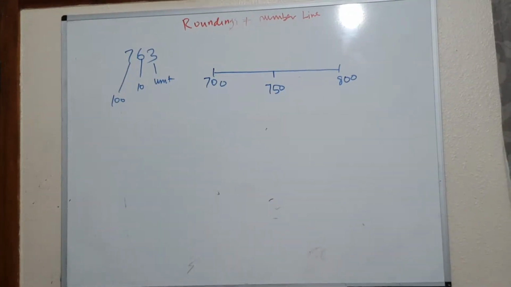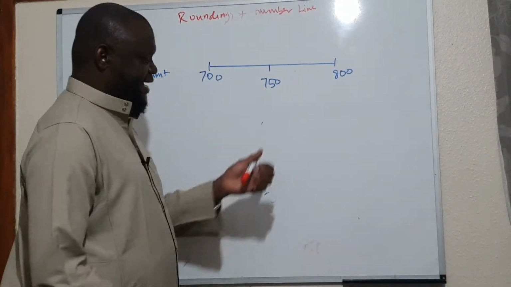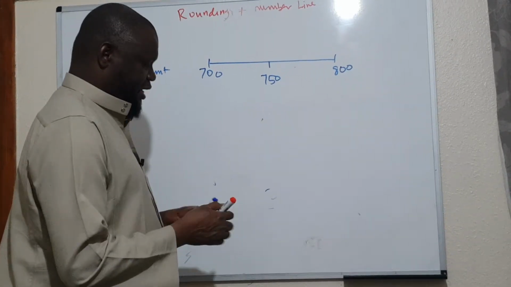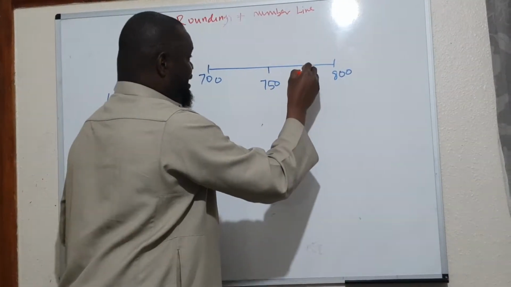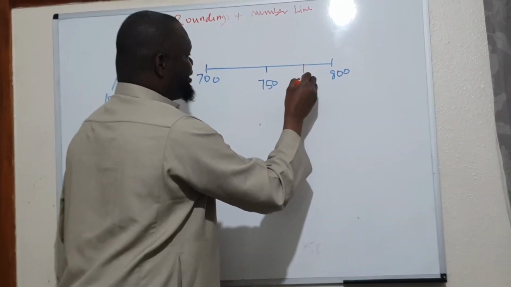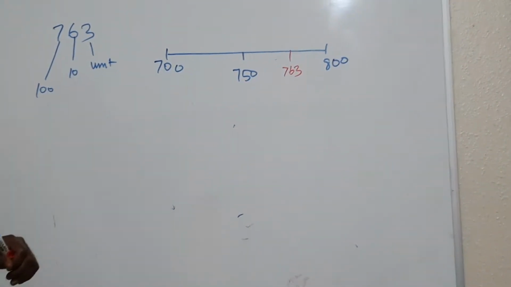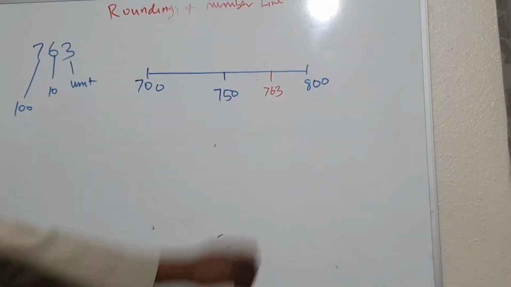Okay. Now we allocate our number. 763, is it going to be on this side or that side? Close to 800. Exactly. Closer, so it's more than 750. Okay, so let's put it here. 763. That tells us the answer automatically. 763 is on the side of 800 in it.